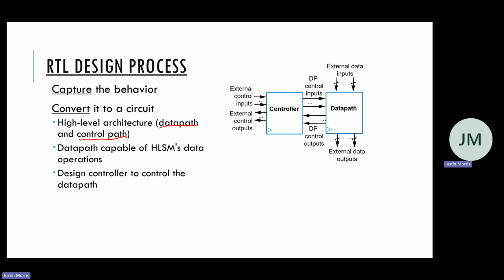For the data path, we have to make sure that the data path can do all of the required high-level state machine's data operations. So if we have those comparisons, if we have those adds, if we do any of those kind of operations, our data path needs to support it. And then we design the controller to control the data path so that when it's in this current state, the data flows through the data path in a certain way in order to do the add or not do the add if you're not supposed to.